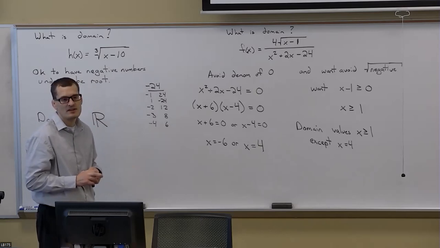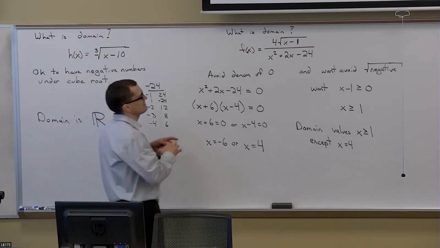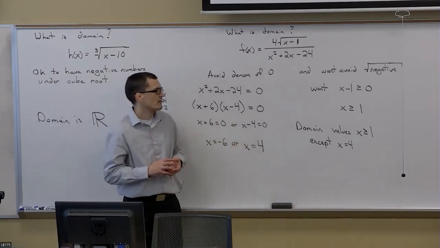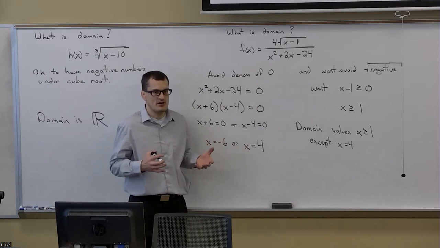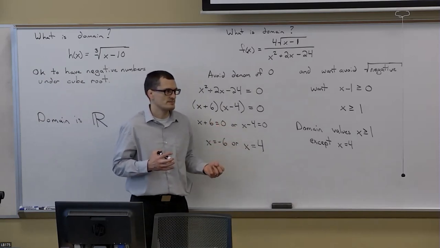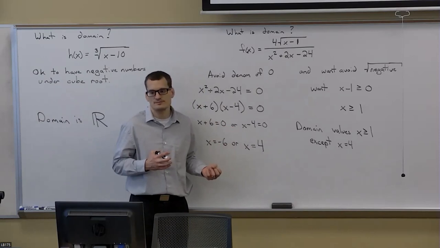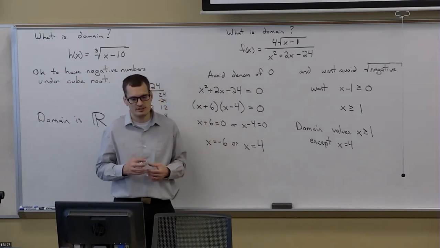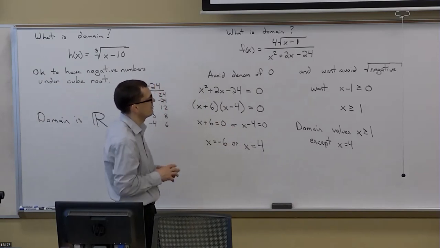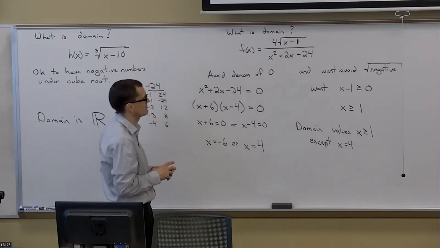And you can see the messier and messier looking functions could have, in theory, really crazy domains. Really crazy looking domains, like in this one. We have some denominators.